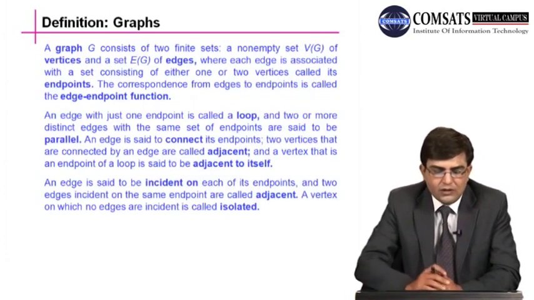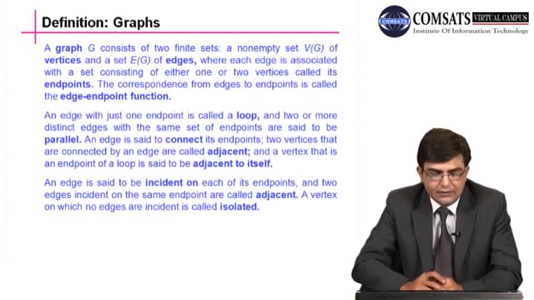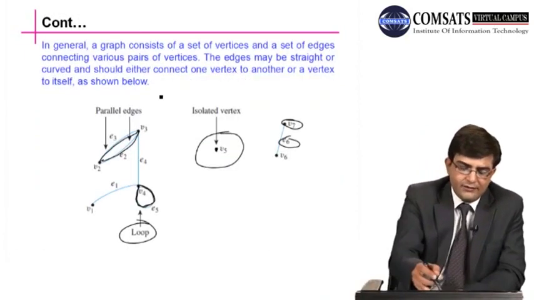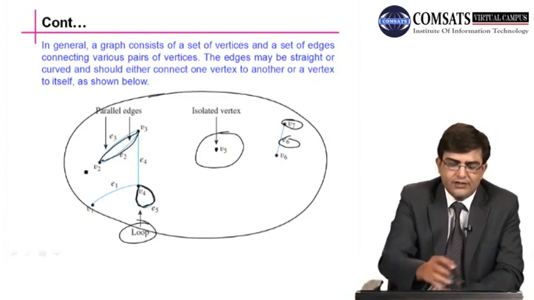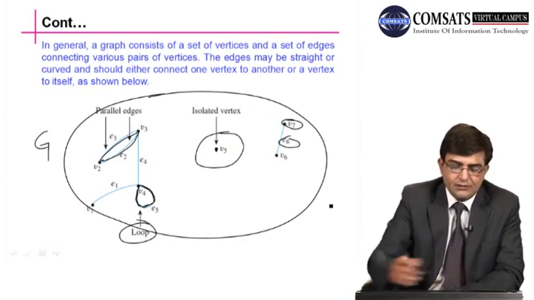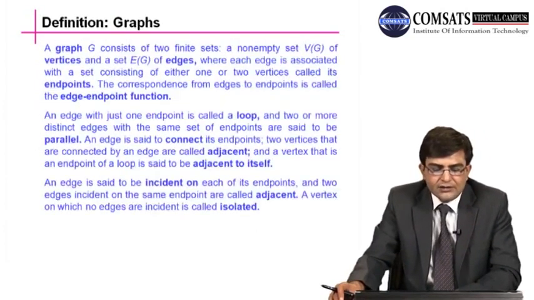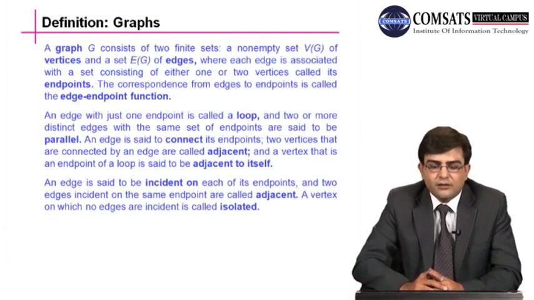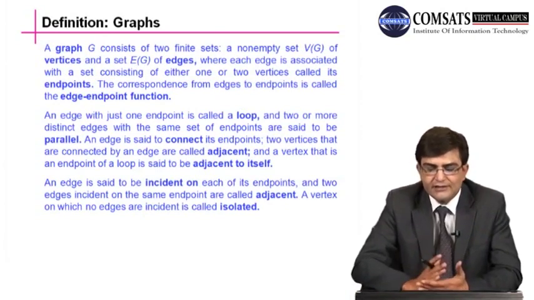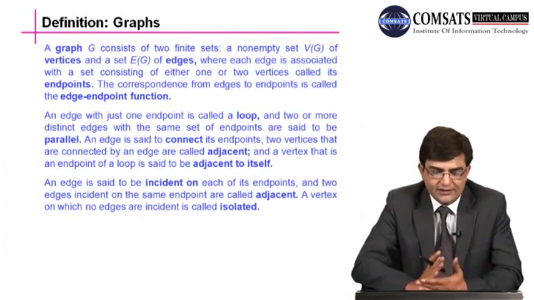Now what is the formal definition of a graph? A graph G, the whole graph of some information, is usually called G. So a graph G consists of two finite sets, one of vertices and one of edges.